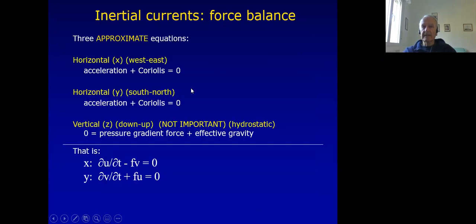So let's see really how the equations look. These are the approximate equations, and you have to take into consideration that we have eliminated all other terms apart from the acceleration and the Coriolis force. We assume a linearized equation, so we eliminate the advection term. We eliminate the horizontal pressure gradient force because we are talking about very fast changes.